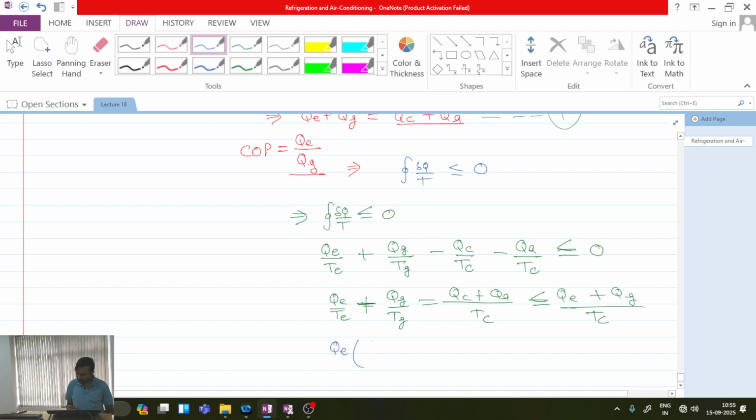QE will be common: 1 by TE minus 1 by TC is less than or equal to QG, and here I will be getting 1 by TG minus 1 by TC.